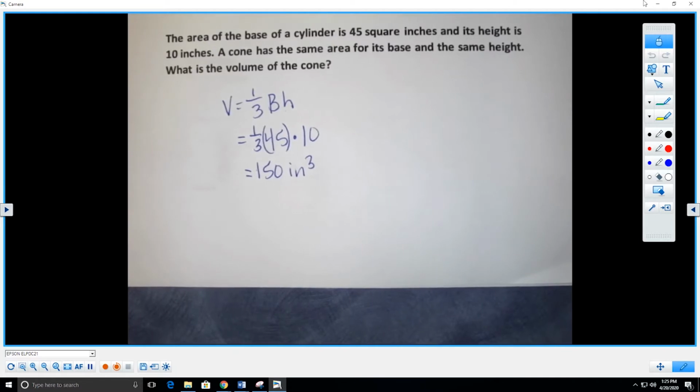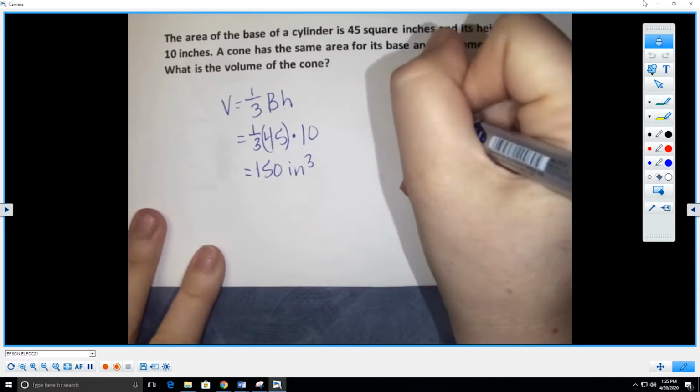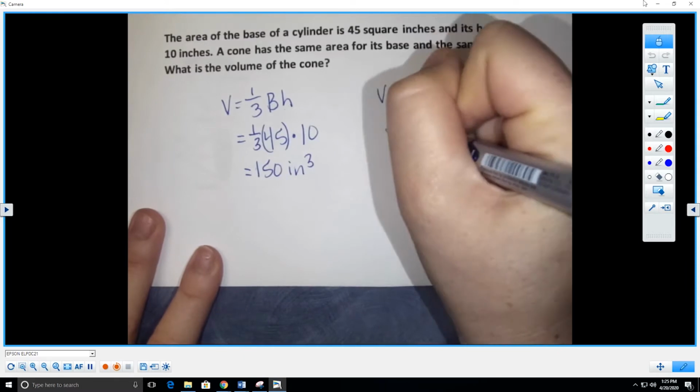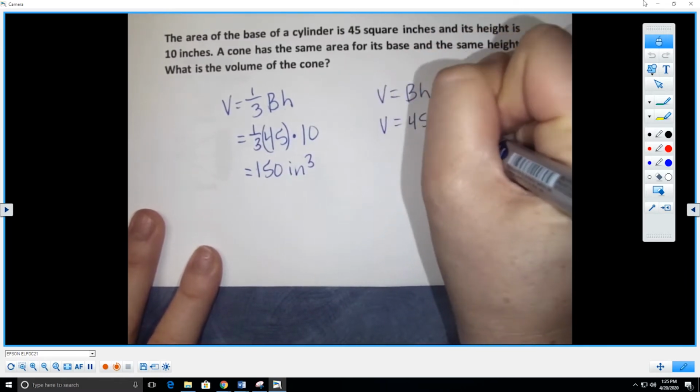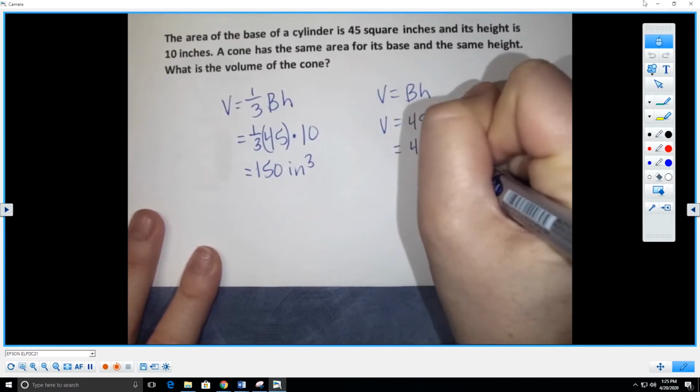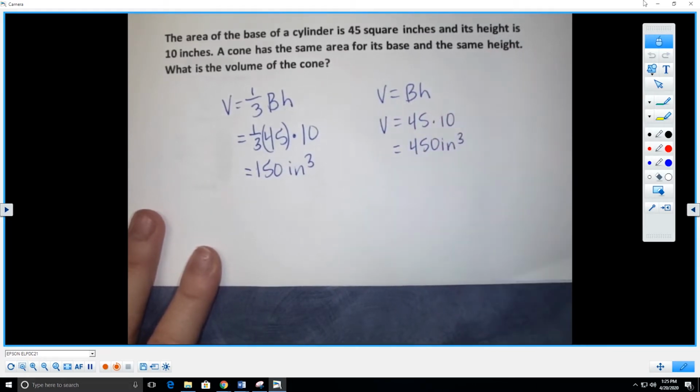What if we also wanted to know the volume of the cylinder? Because the cylinder and the cone have the same base and the same height, then you can use the information to find the volume of the cylinder. So volume equals base times height. Volume equals 45 times 10, which equals 450 inches cubed.